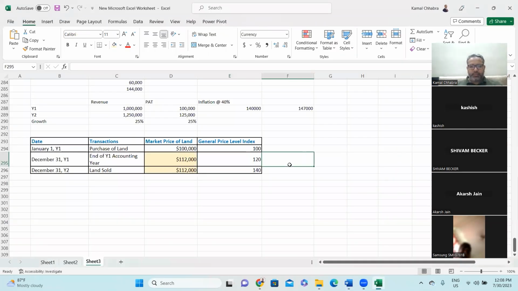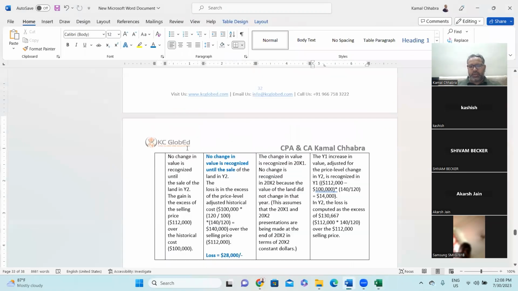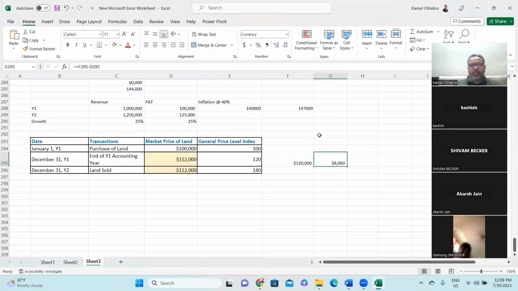Ideally, it should be 120 divided by 100 multiplied by this, and the difference between these two, this minus this, should be recognized in year one as $8,000. Right, everyone? Yes sir, clear.